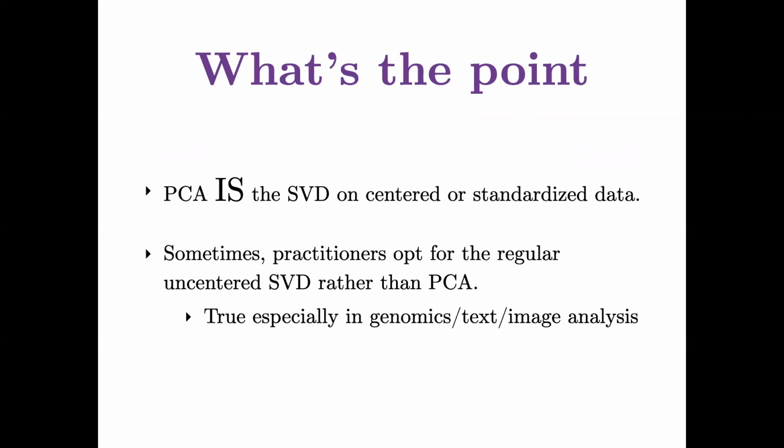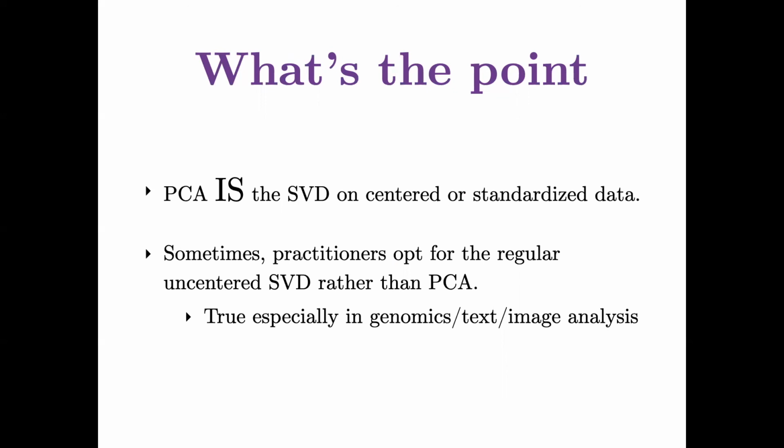Now, if you don't center or standardize your data matrix X, you can still perform the SVD. But what you talk about in that scenario can't be variance, because variance involves the sum of squared distances to the mean. And if we don't center our data, the mean is not at the origin. So instead, we're just talking about the sum of squared distances to the origin, but not the mean.